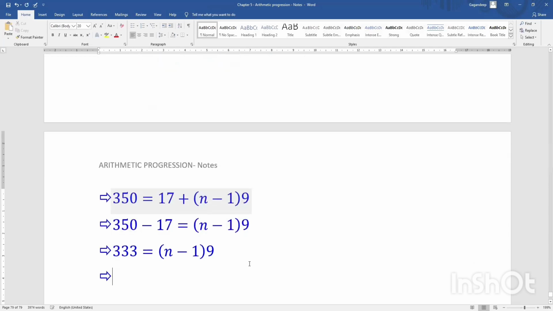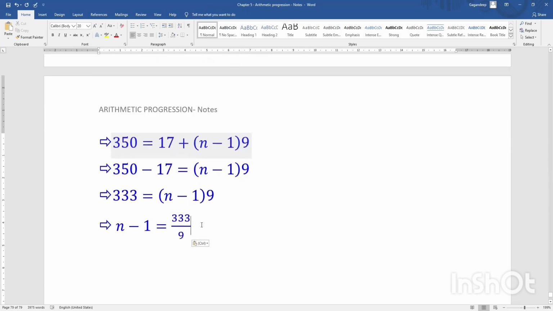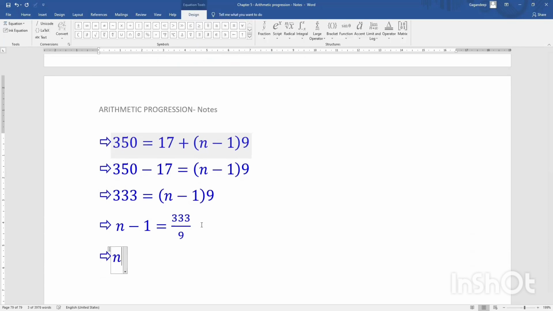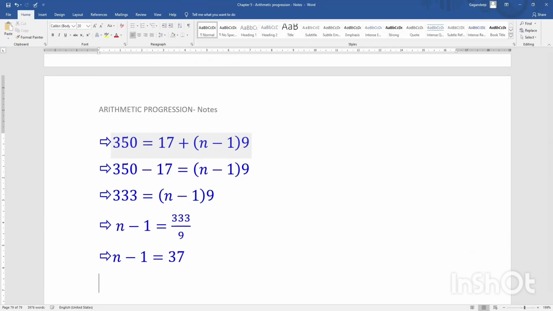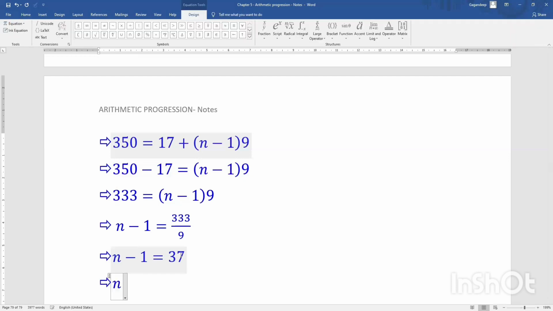So we have n minus 1 is equal to 333 by 9, and 333 by 9 is 37. Next step, I can write n is equal to 37 plus 1 is equal to 38.